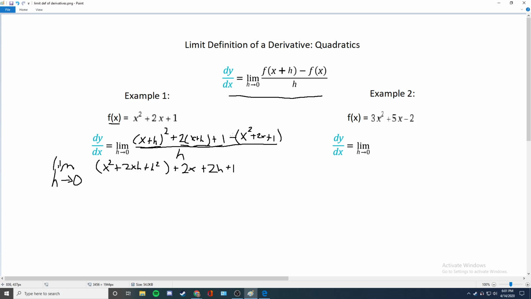And then I'll distribute this negative to all three of these pieces. So minus x squared minus 2x minus 1, all over h.